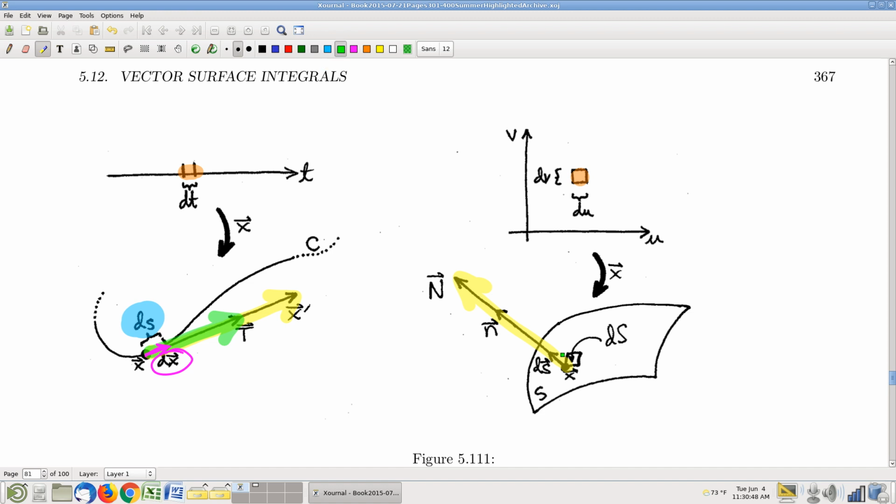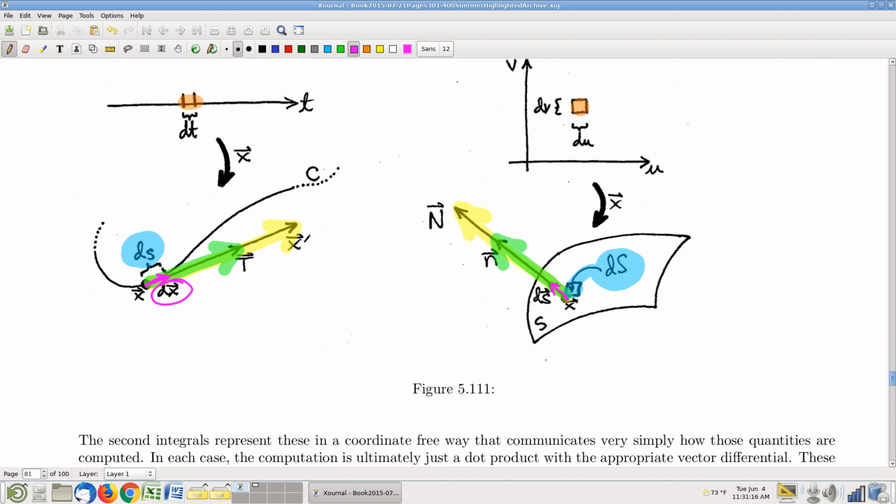We have the unit normal vector. We have the ds area scalar there. And then it all comes together in this ds vector. The way I have things color-coded here is suggestive of the analogy that I want to talk about.